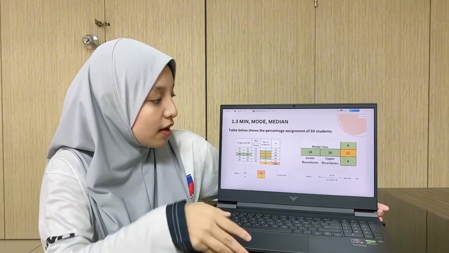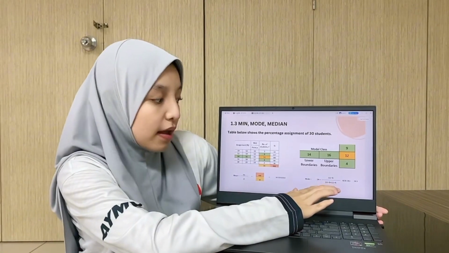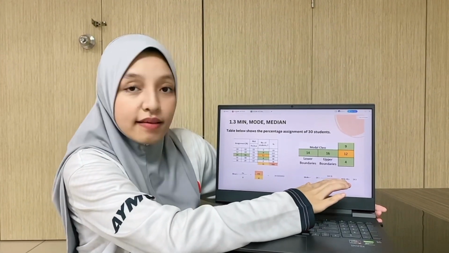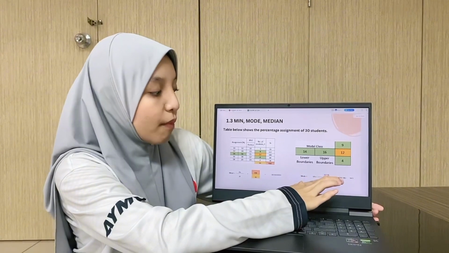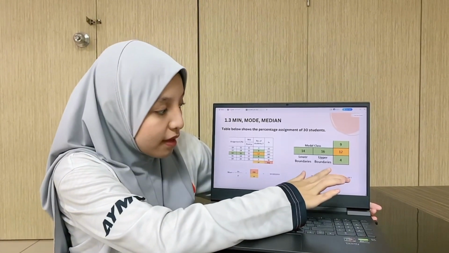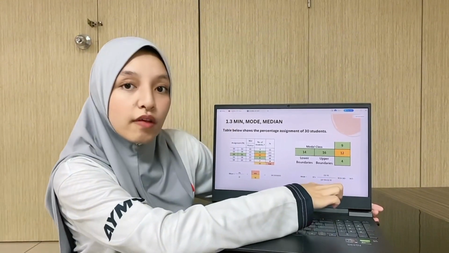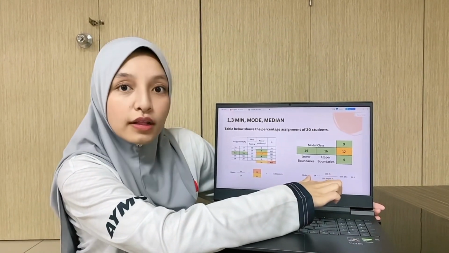And then here is the mode. The mode is 14 plus 12 minus 9 divided by 12 minus 9 plus 12 minus 4, times in the bracket 16 minus 14, and the result we got for mode is 14.5.